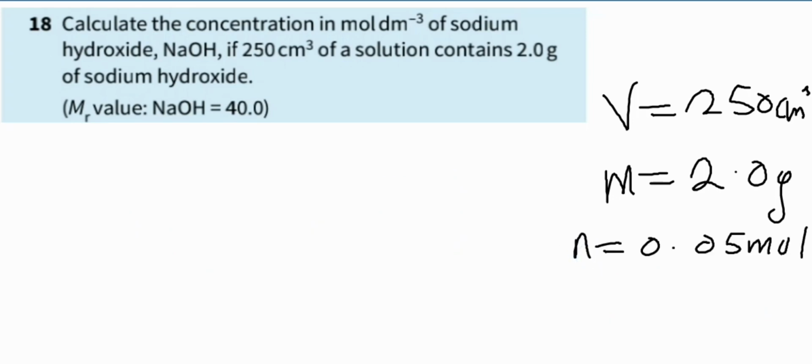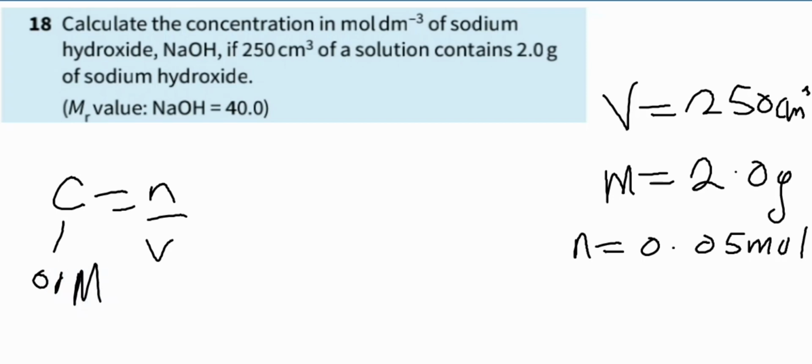So this is the number of moles that we are going to use now to calculate the concentration. Like I was saying, concentration is given by the number of moles divided by the volume, and concentration can also be called the molarity, which is represented by capital letter M. So we have 0.05 moles divided by the volume.